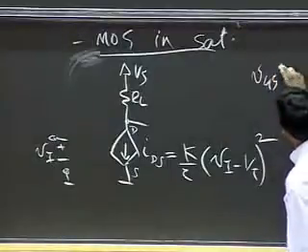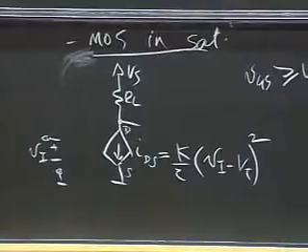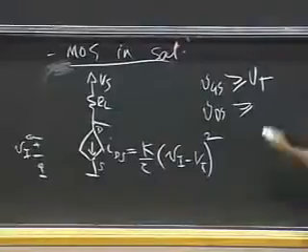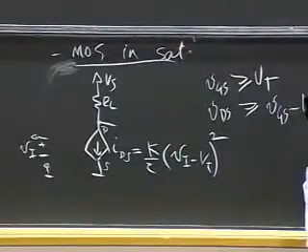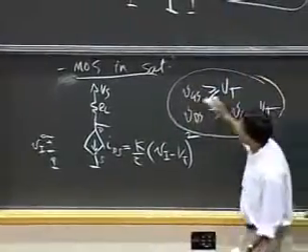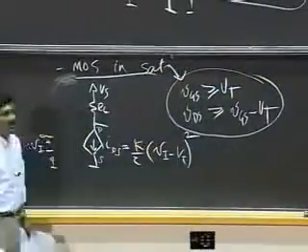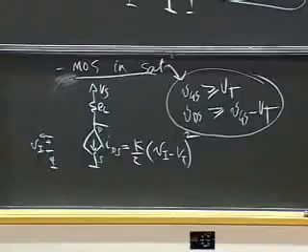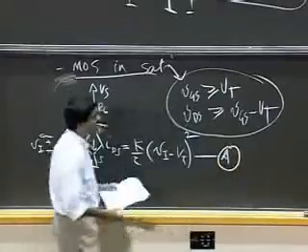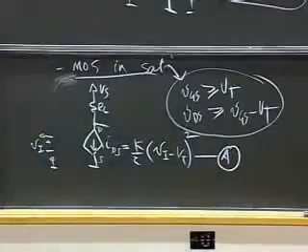So the constraints are: VGS is greater than or equal to VT, and VDS is greater than or equal to VGS minus VT. These constraints immediately follow from a statement of the type, we are operating under the saturation discipline, or the MOSFET is in saturation. Let me mark this equation as A, and we will refer to it again.